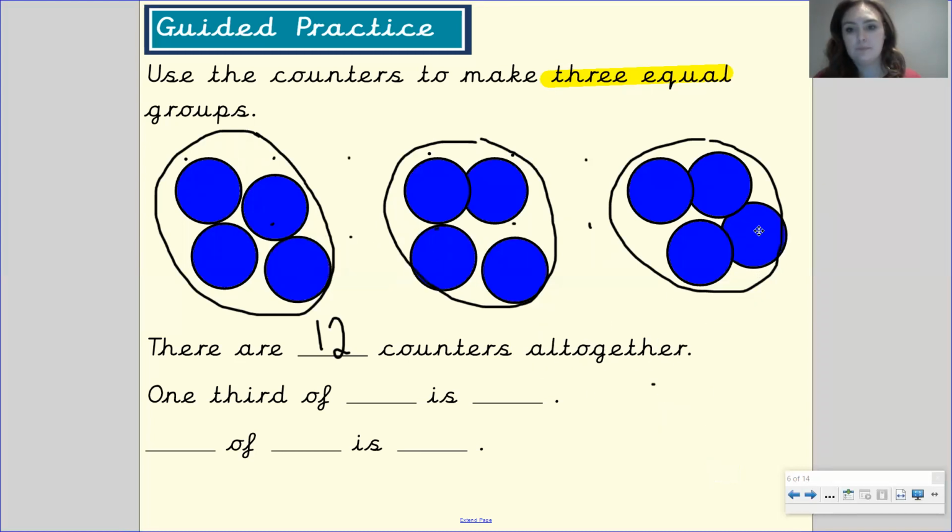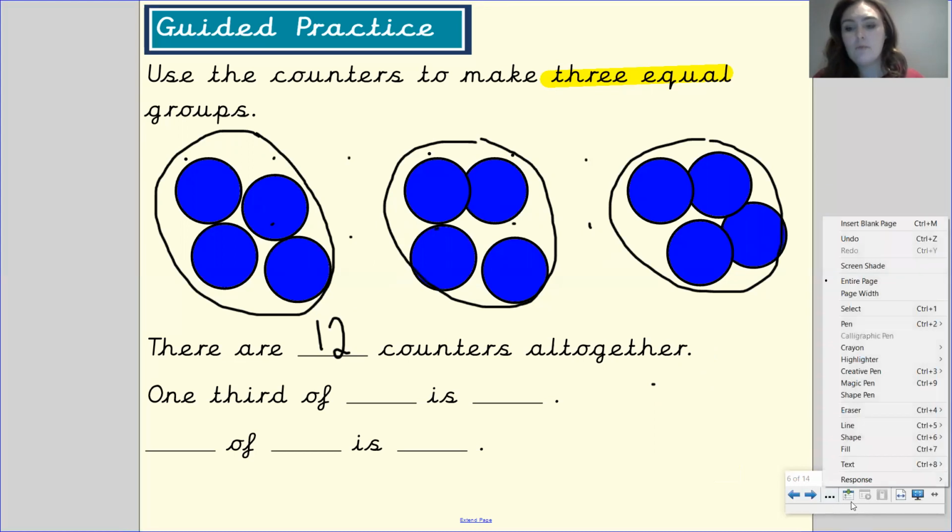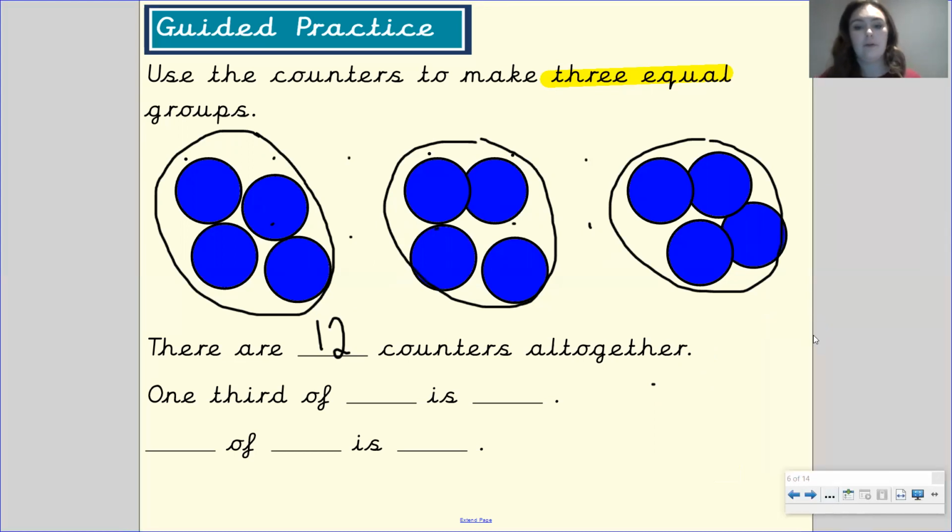Okay, so how many counters do we have in each group? Pause the video and have a think. Well done, we have 4. So 1/3 of, what do you think is going to go in the blank here? Pause the video to have a think.